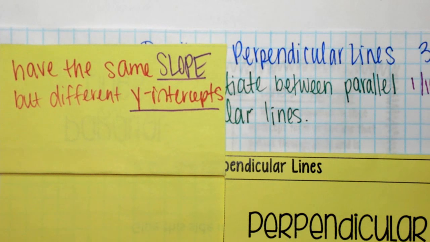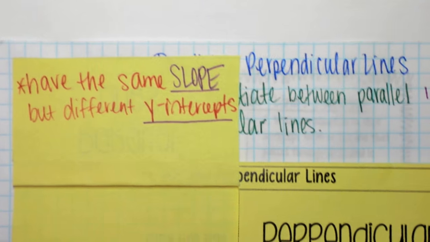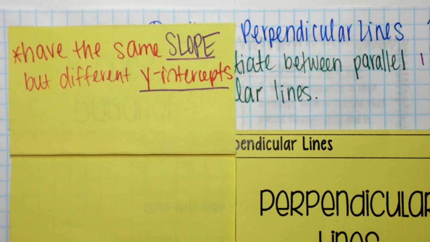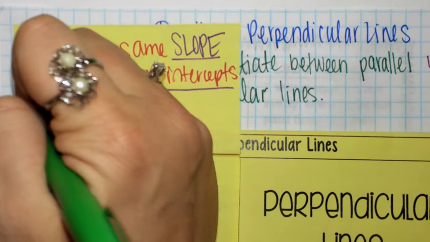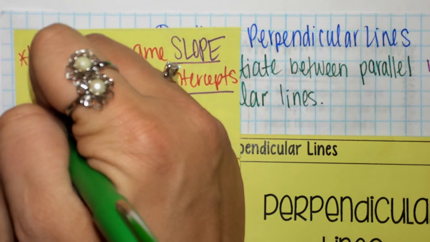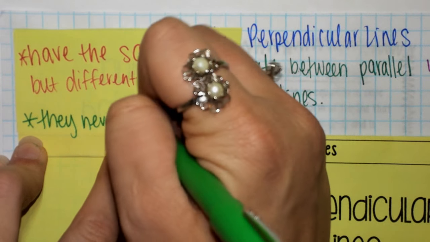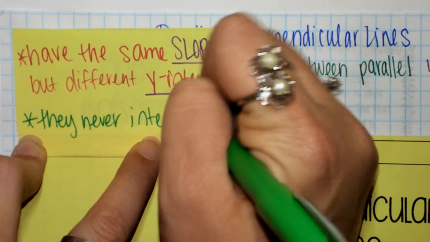So that's our first fun fact about parallel lines. What do you think is our second fun fact about parallel lines? They never touch. They never, ever, ever intersect. Never.